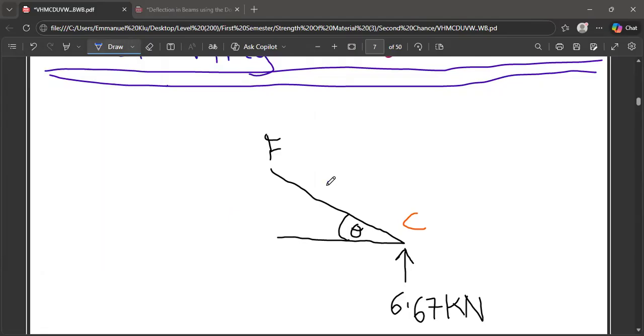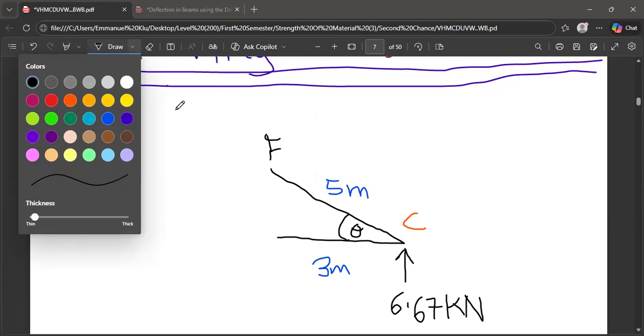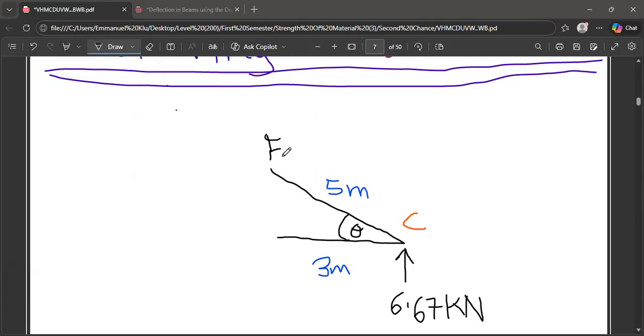So here is 5 meters, and this becomes 3 meters. So FBC, because we can't say FCB, the language will not be too proper. It won't be coherent. So we say FBC.